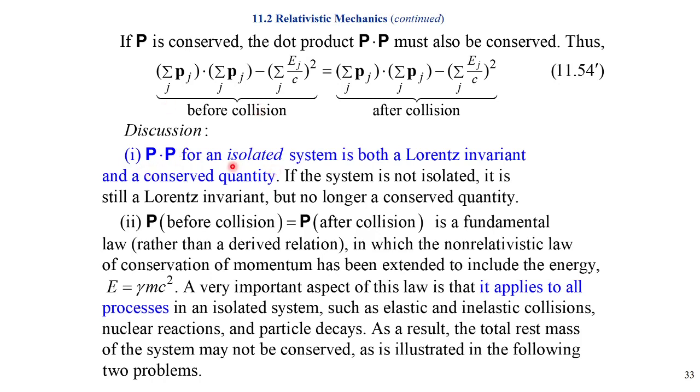P dot P for an isolated system is both Lorentz invariant and a conserved quantity. A conserved quantity does not change. So P dot P is invariant, is conserved, and always maintains the same form, covariance. Invariant, conserved, and covariant.